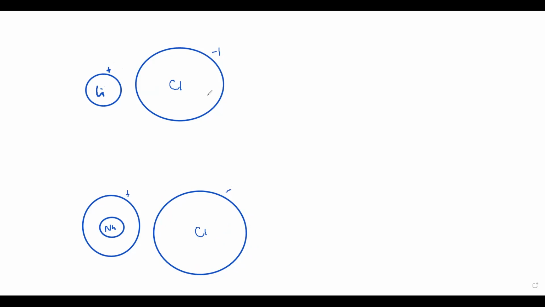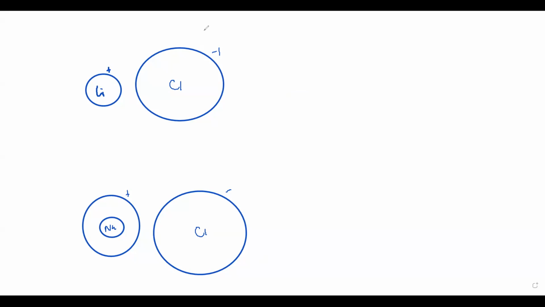Which one do you think will have the higher lattice energy, which will have a strong attraction between the ions, or ions strongly bonded with each other? Is it lithium chloride or sodium chloride? Which one do you think has ions closer to each other?